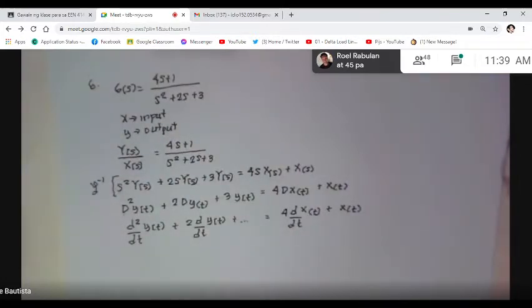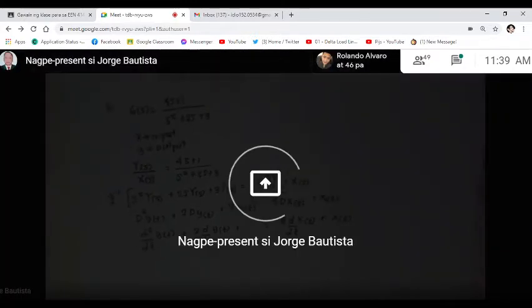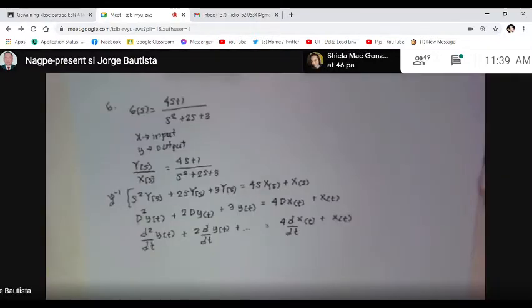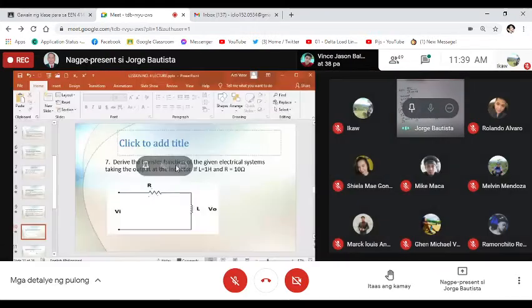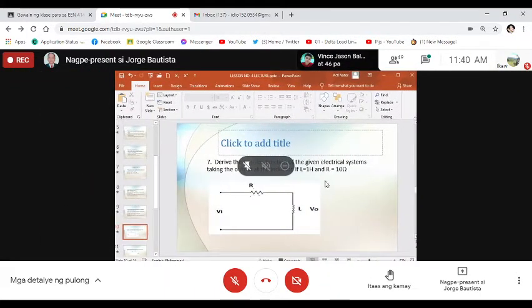Okay, number 7. Derive the transfer function of the given electrical system, taking the output at the inductor. Okay, so, tingnan natin kung paano natin gagawin yan.